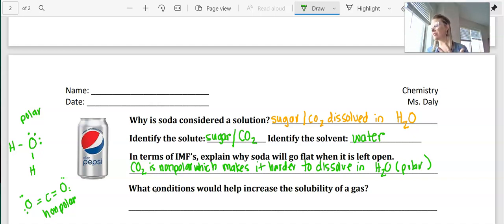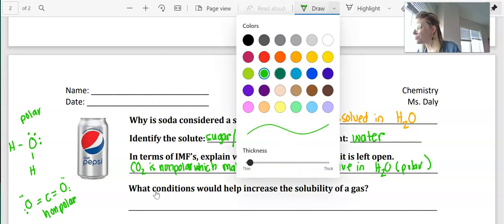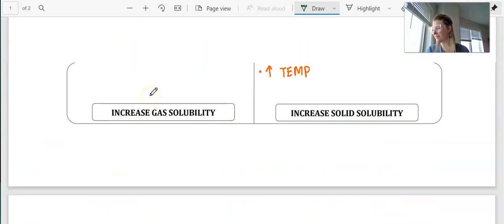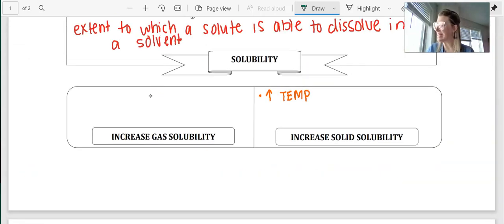And so we really want the coolest temperature possible. So we want to have low temperature, okay, for soda. And again, if you think about it, you don't want to drink hot soda anyways. You want it to be nice and cold. And so I want to go back up and fill that into our little chart here. How can we increase gas solubility? We want lower temperatures, okay?